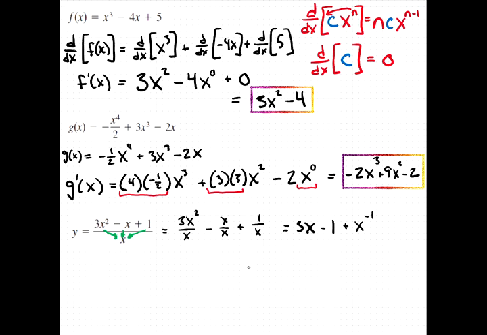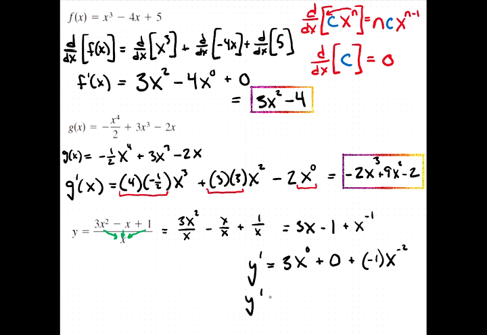So now, when we take the derivative, so y prime, if we apply the power rule and the constant rule for the minus 1, that would be 3x to the 0 power plus the derivative of a constant is 0 plus, now the negative 1 pops out front and decreases by 1, so that's a minus 2 power.